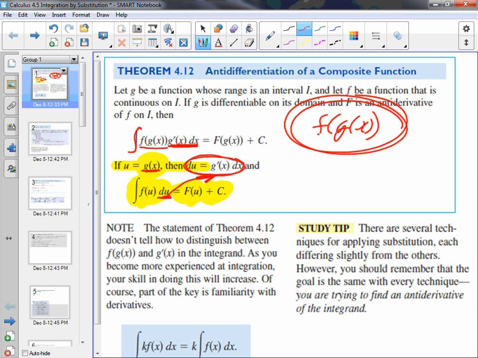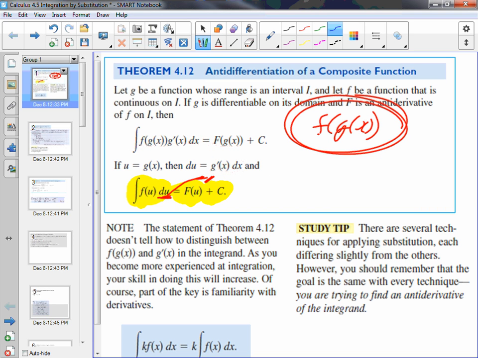So with a composite function, it's more complicated. That antiderivative is the antiderivative of f, not of x, of g of x. And then plus c, like we always do on an indefinite integral. Okay? Now, that's a lot of notation. Okay? So that's why this second part exists.